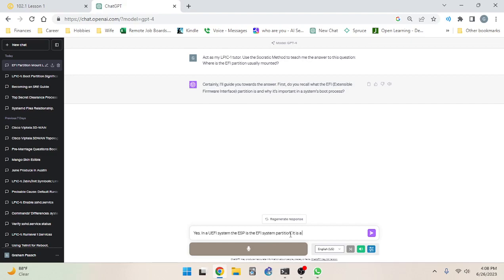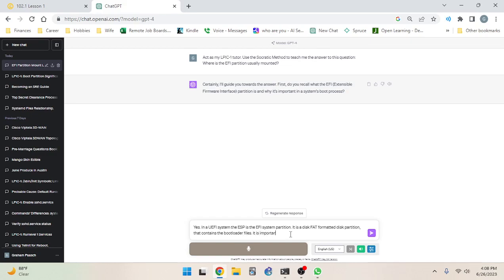It is a disk partition. It is a FAT formatted disk partition that contains the bootloader files.